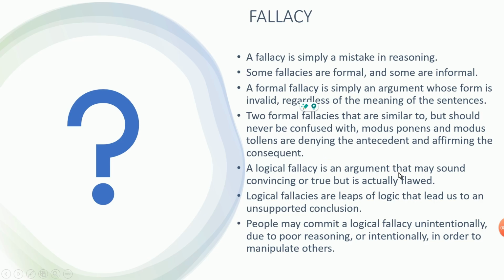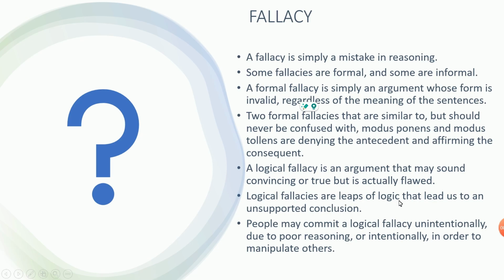A logical fallacy is an argument that may sound convincing. It applies to our day-to-day life also, which is why I am stressing it. A logical fallacy is an argument that may sound convincing or true, but is actually flawed. Whenever there is a flaw, even though it is convincing or true, that could be called a fallacy.